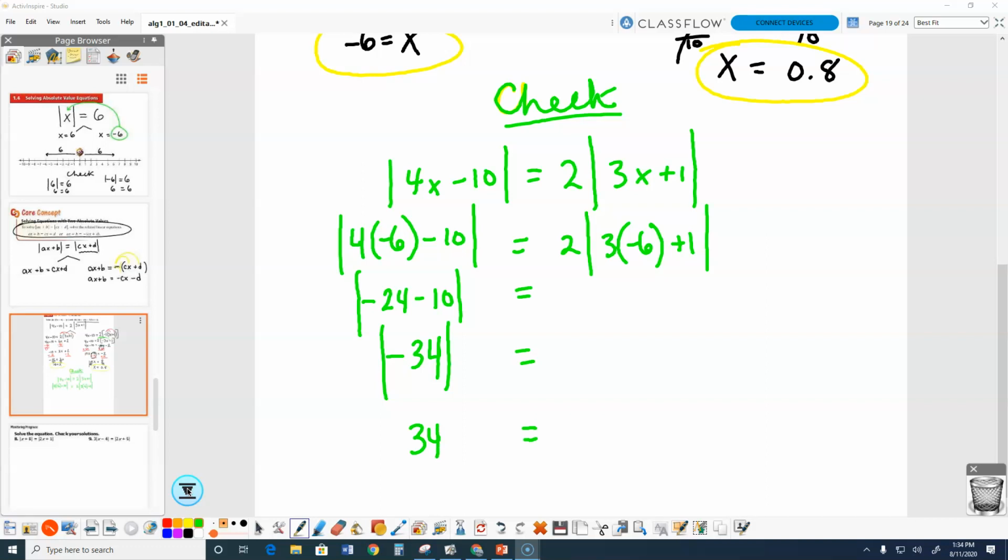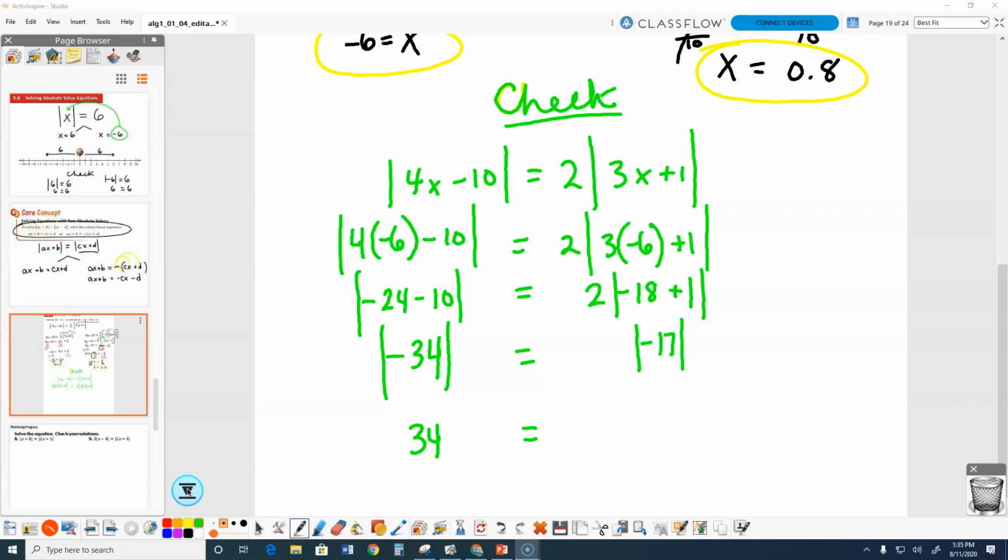Let's check the other side. 3 times negative 6 is negative 18, and then I'm going to have a plus 1 there, and then I'll multiply the whole thing by 2. Negative 18 plus 1 is negative 17.